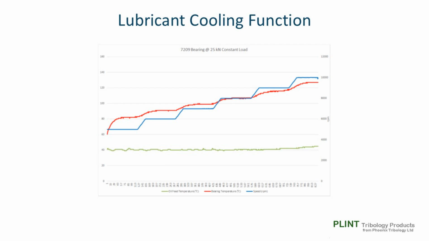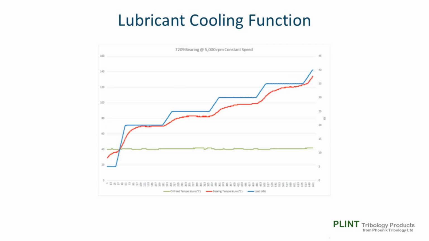The following graphs show the effects of varying the test speed on an axially loaded 7209 bearing under constant load and varying the load at constant speed. In both cases, increase of speed at constant load and increase of load at constant speed both lead, as one might have predicted, to an increase in bearing temperature, hence reduction in lubricant viscosity and elastohydrodynamic film thickness.